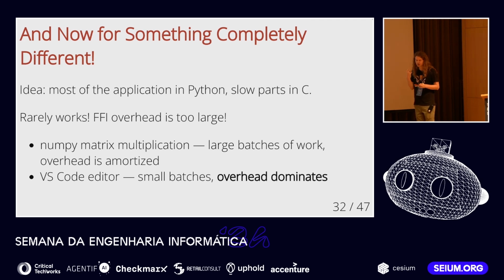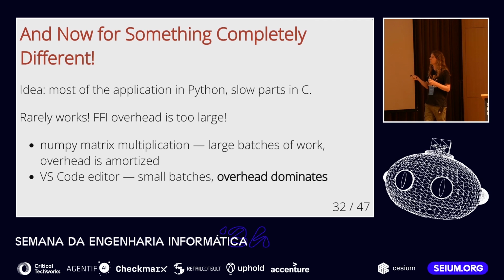So the trick here is that if you combine a high-level language like Python and a low-level language like C, then when you cross the boundary between those two languages, you usually need to have some kind of serialization. You usually need to pay some overhead to transform Python objects into C objects or to expose C objects to Python.